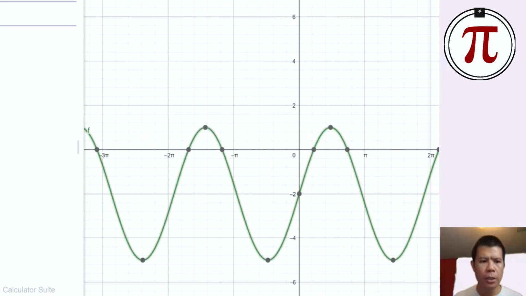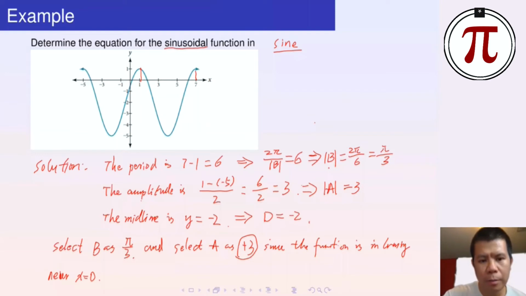Now, consider the original curve, comparing this one with the one we have in the textbook. Do we have any shiftings, right? Shiftings.